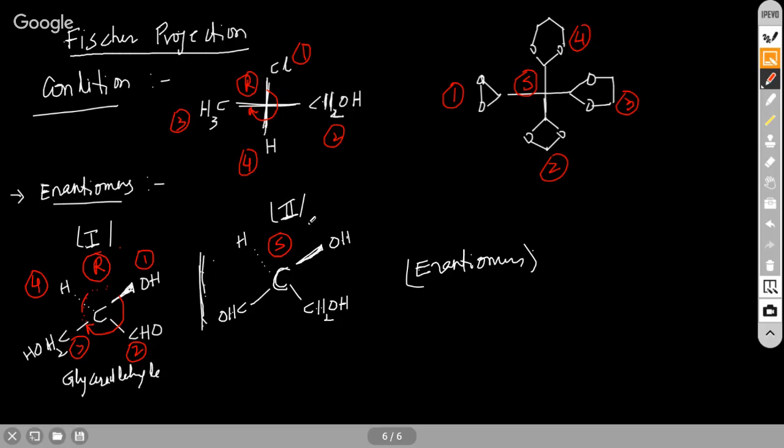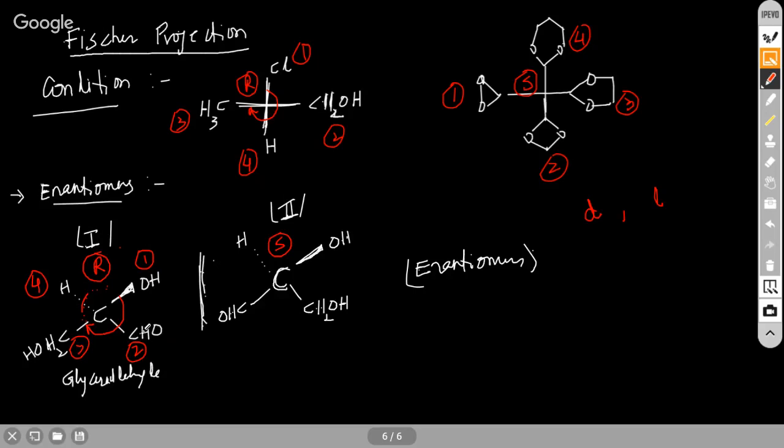Now, since both are optically active with one chiral carbon, one will be D, dextro, but the other one will be levo, right? We do not know whether this one is dextro or this one is dextro. But if this is D, this one is L. If it is L, this one is D. Understood? That we can only decide by the experiment or the rotation of plane polarized light.